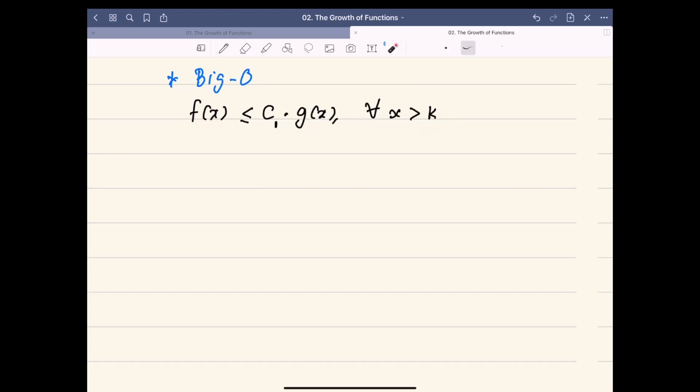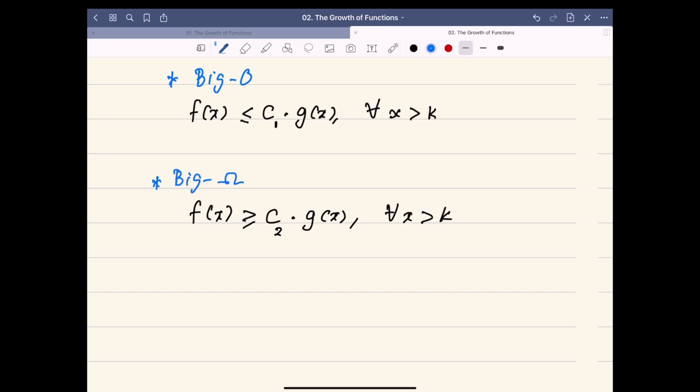Now, if we just reverse the inequality, so we write here f of x greater than or equal to c multiplied by g of x, and we will label the constant as c2 for all x greater than k. Then the notation that we will use for this definition will be big omega.